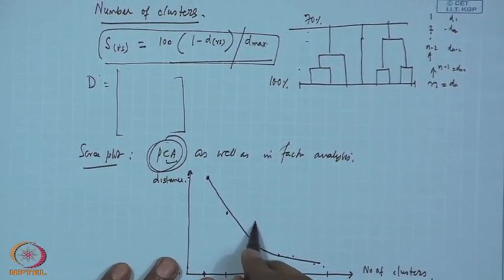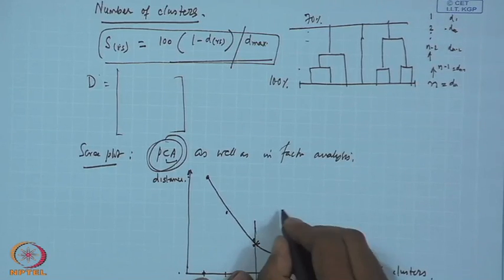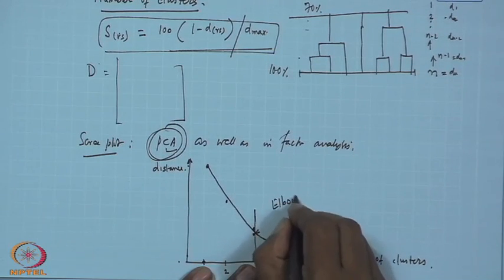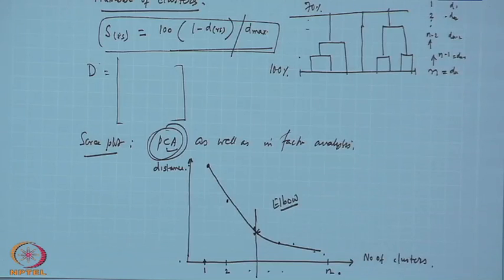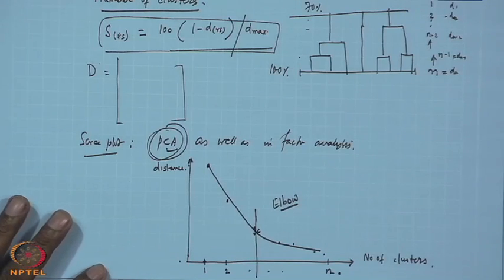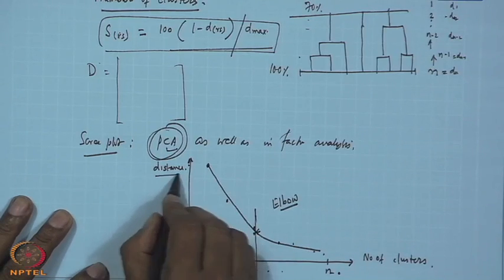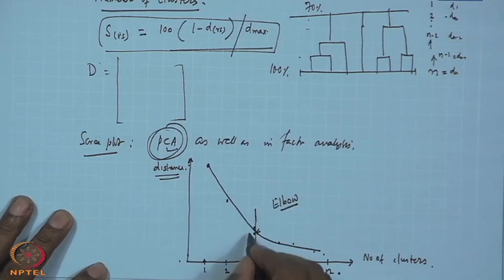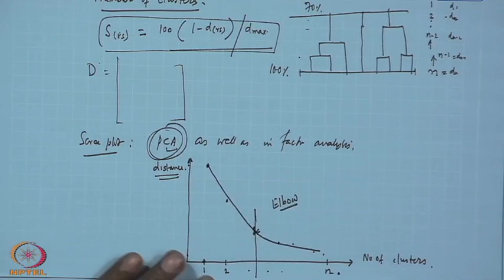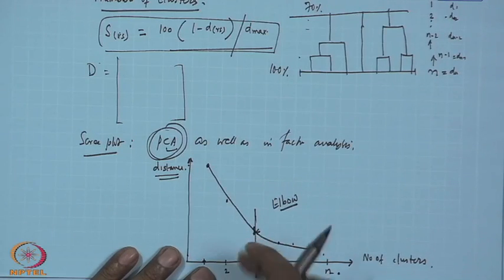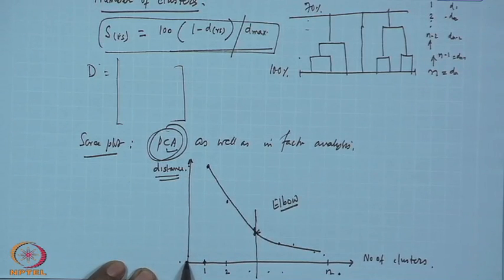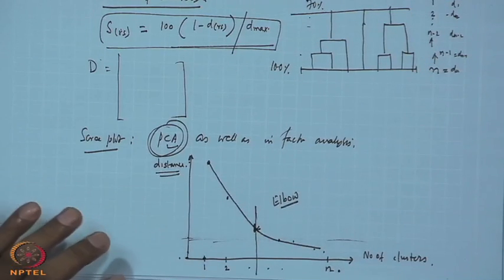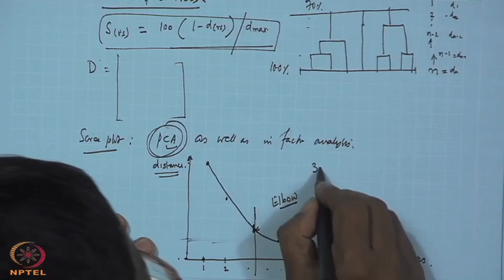So, I can say here may be the point which is the elbow. If I have an appropriate distance measure, then only you will be able to do this. The elbow says that as far as the distance is concerned, after this point the distance is almost parallel, not improving much. So, I can say 3 clusters can be kept.